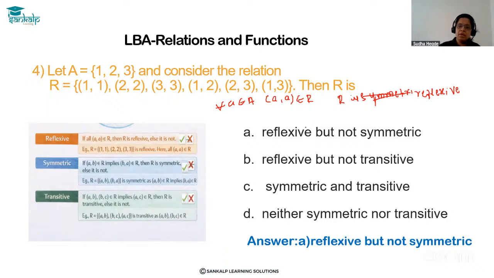For all a belongs to A, (a, a) belongs to R. Therefore, R is reflexive.